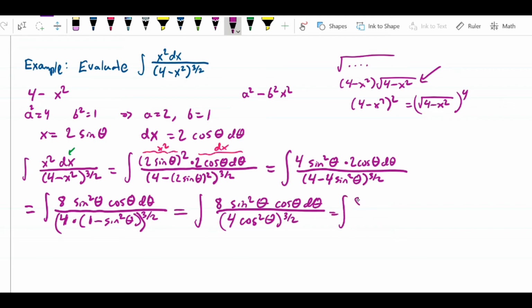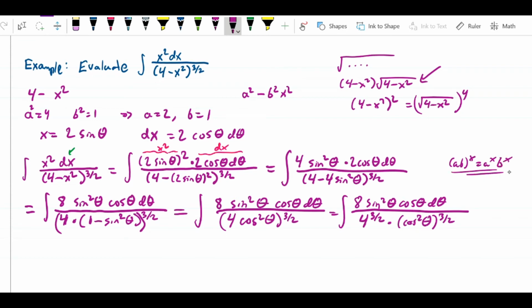Now this becomes 8 sine squared theta cosine theta d theta over 4 to the 3/2 times cosine squared theta to the 3/2. We can break that up because of one of the laws of exponents that says ab to the x equals a to the x, b to the x. So I just used that rule. Okay, let's do one more simplification. Actually, I think we have two more to do.